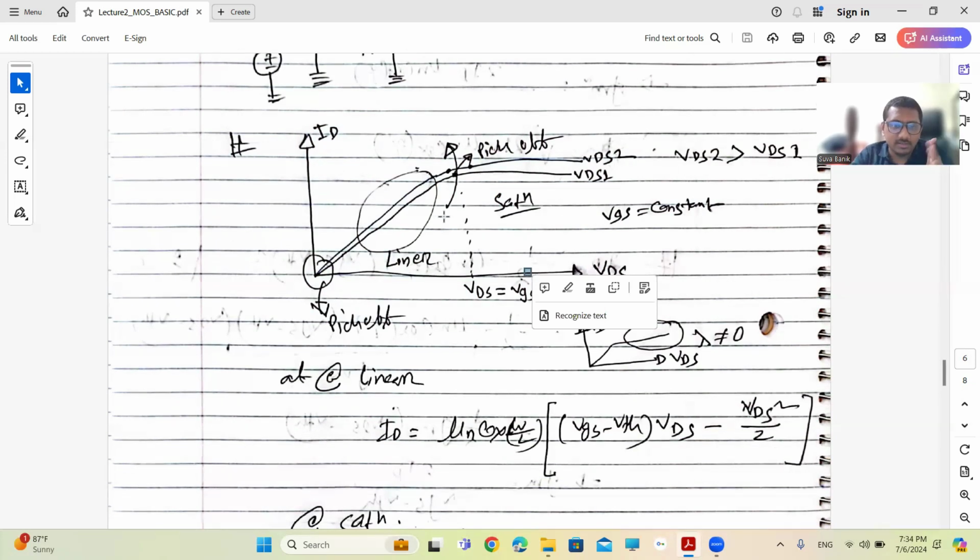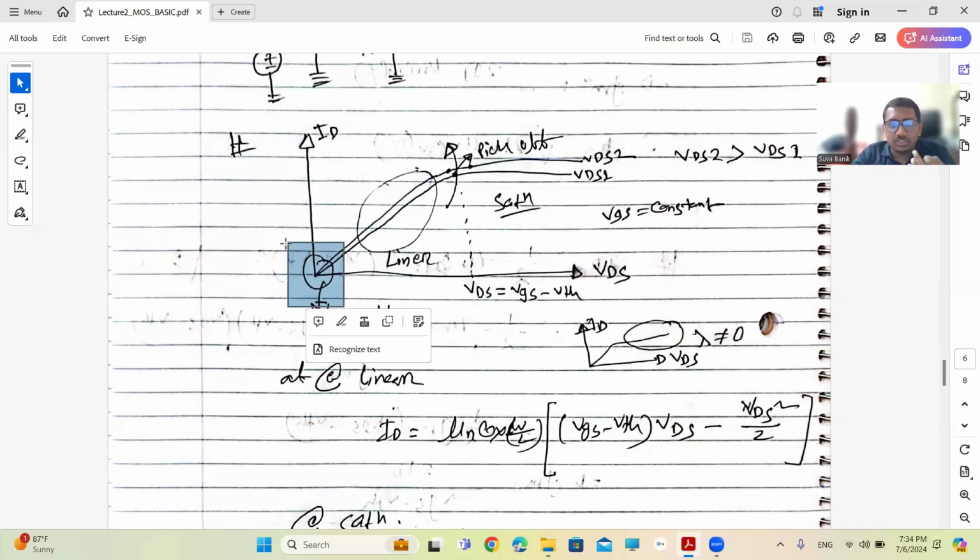Basically, this point is pinch off when my transistor is off, and whenever it turns on, it goes linearly, and whenever my VDS is equal to its overdrive voltage, this point is also known as the pinch off point. After that, if we still increase my VDS, the curve will saturate. Saturation means it works as an approximately ideal constant current source.